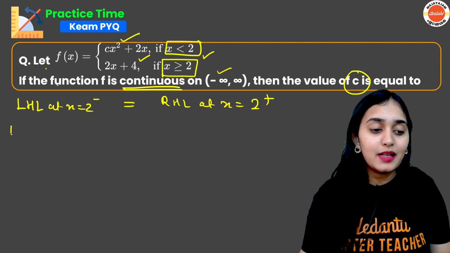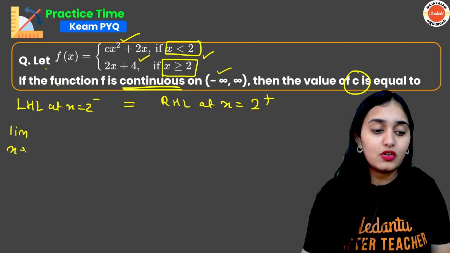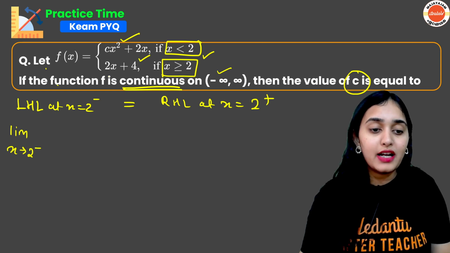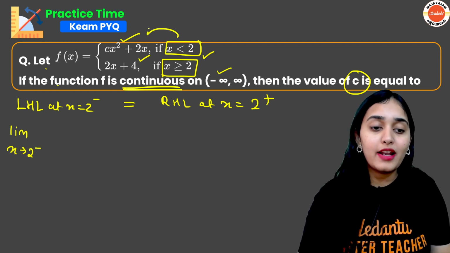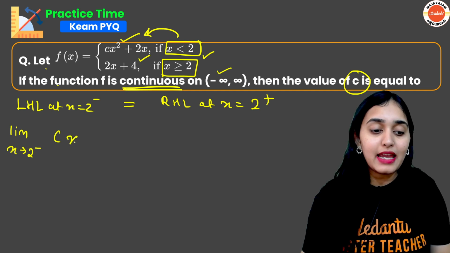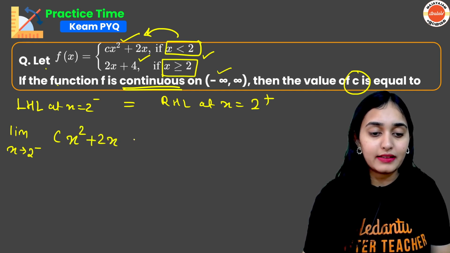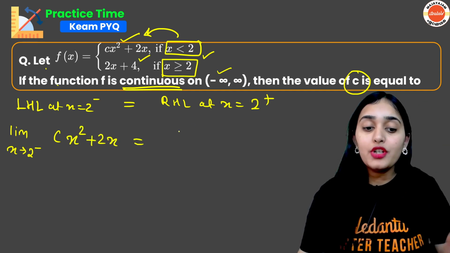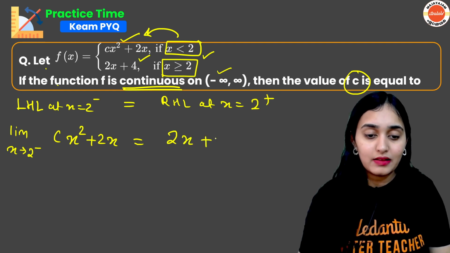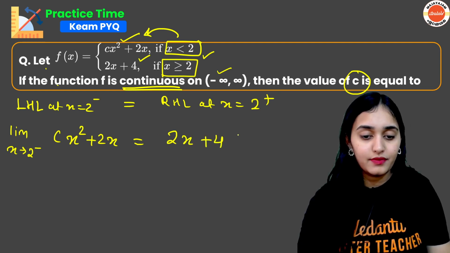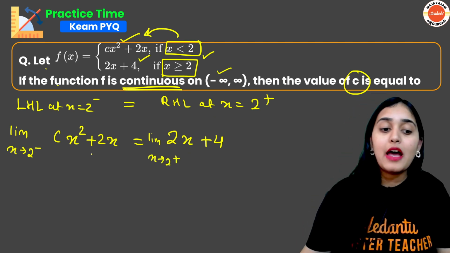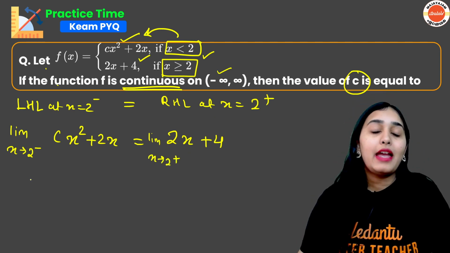Now what is the left hand limit? Limit x tends to less than 2. For less than 2 you have c x square plus 2x. For greater than 2 your function is 2x plus 4, for limit x tends to greater than 2. Now just put x as 2.